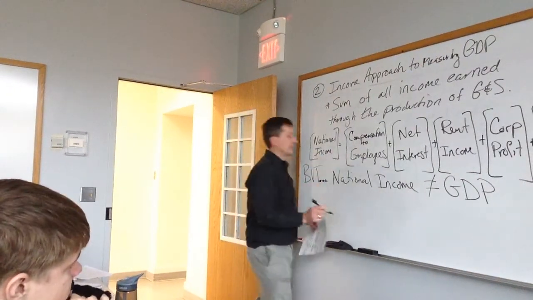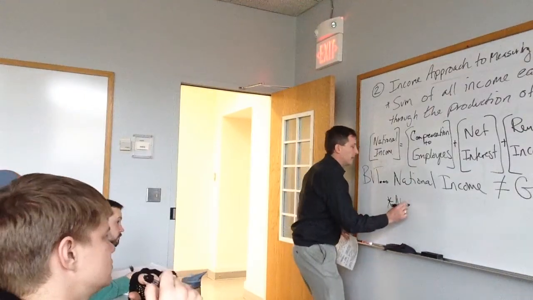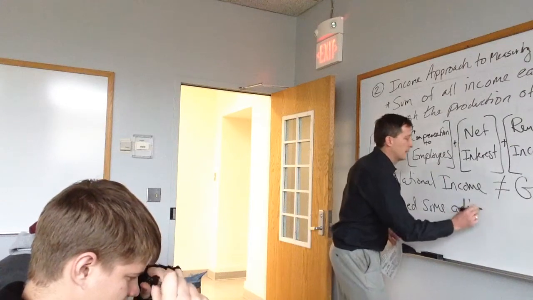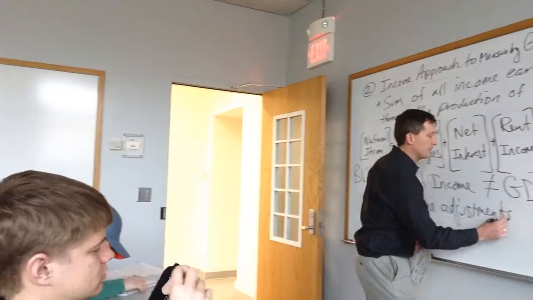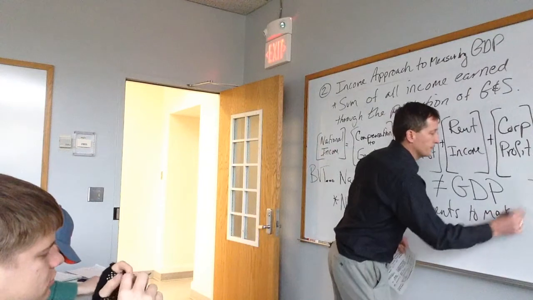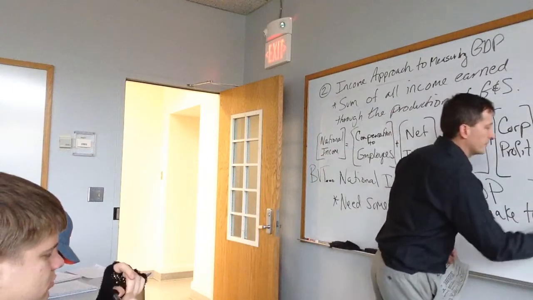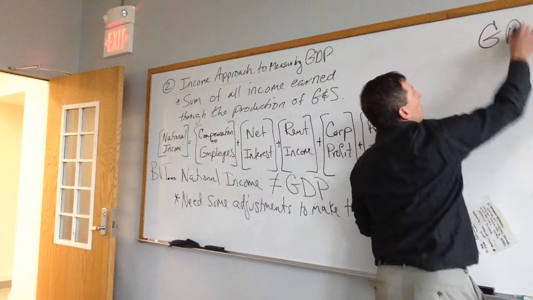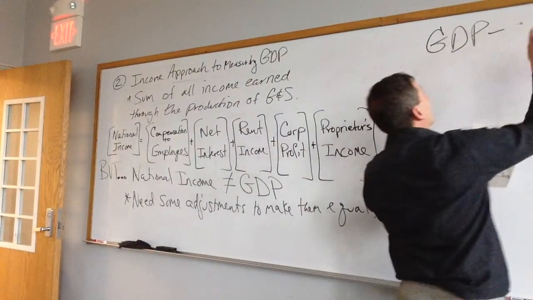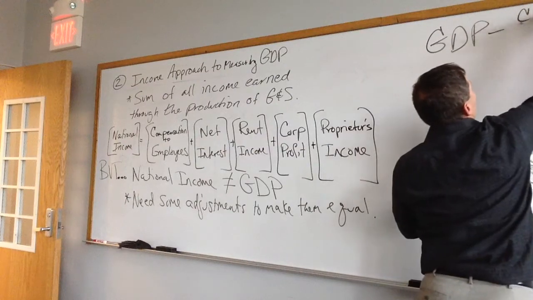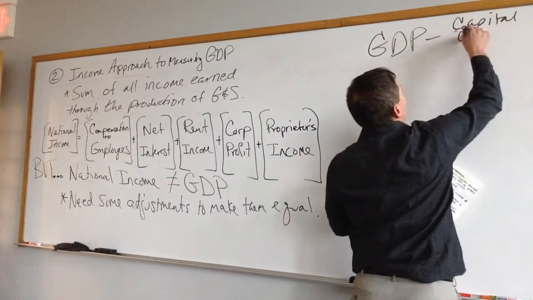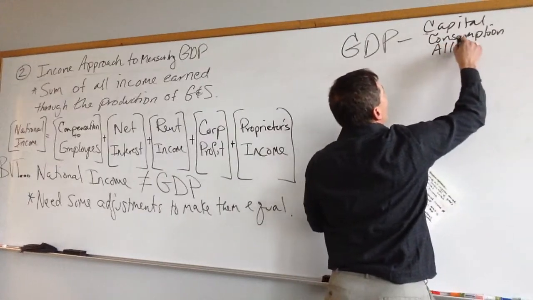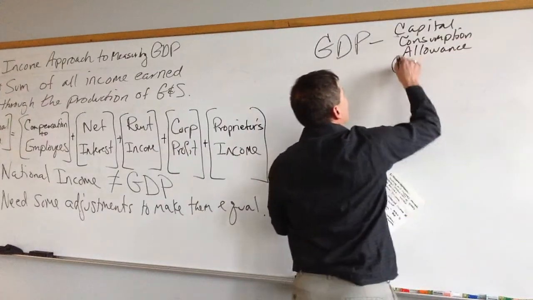We need some adjustments to make them equal. And here they are. If we take GDP minus what's called a capital consumption allowance, which is really just depreciation.